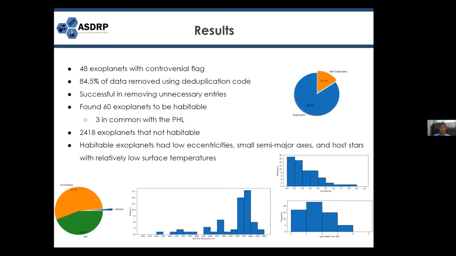The diagrams on the left and right visually show the amount of duplicates we had and the amount of planets that were considered to be within CHC.